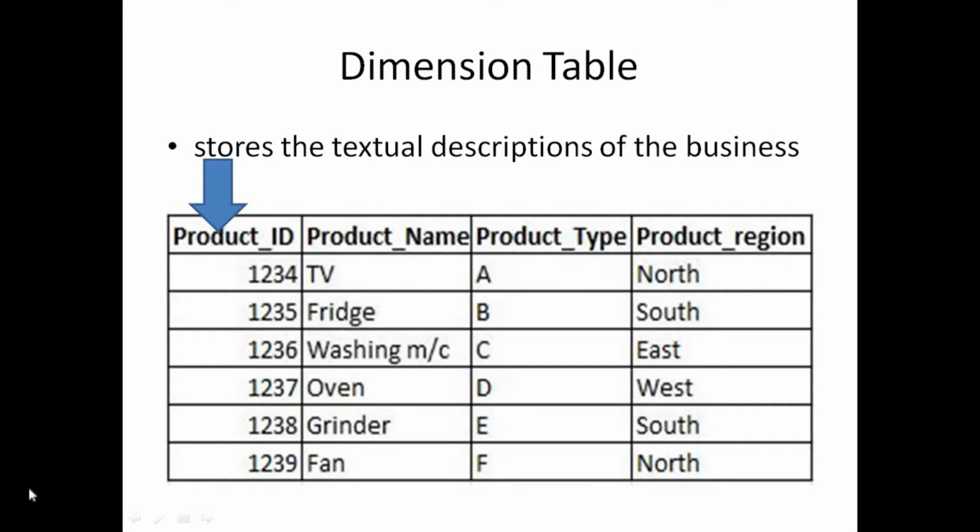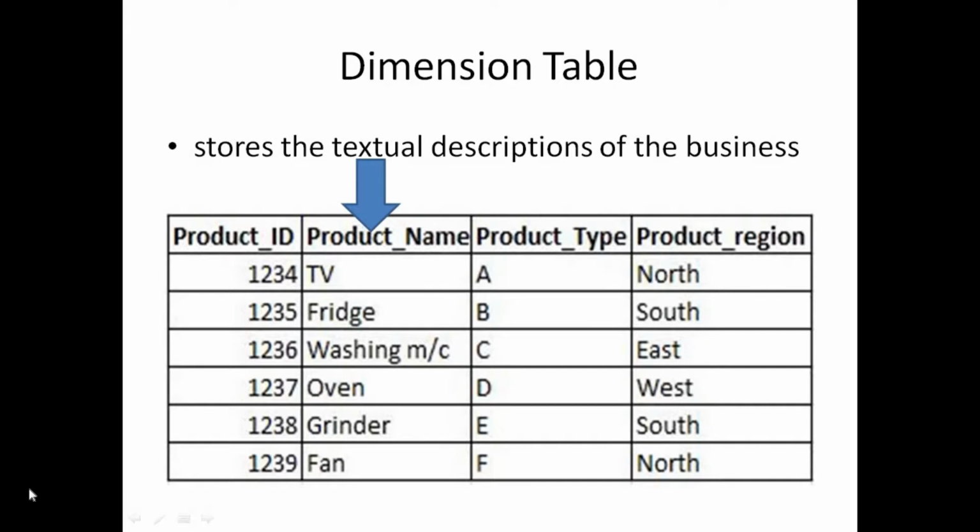Normally the fact table and dimension table are joined in the physical layer, right? So how can they join? The fact table has the primary key and the dimension table has the foreign key, so they are joined with a primary key and foreign key relationship.